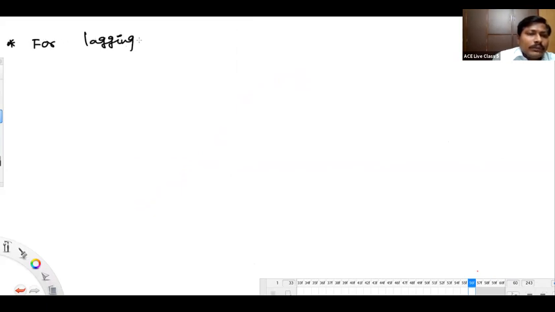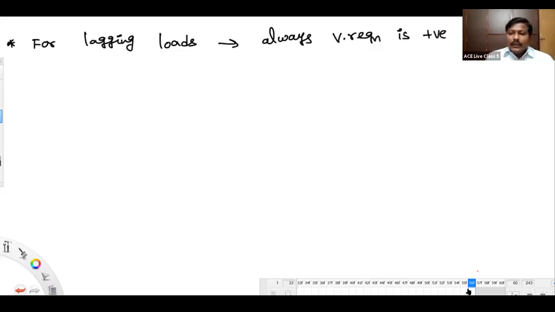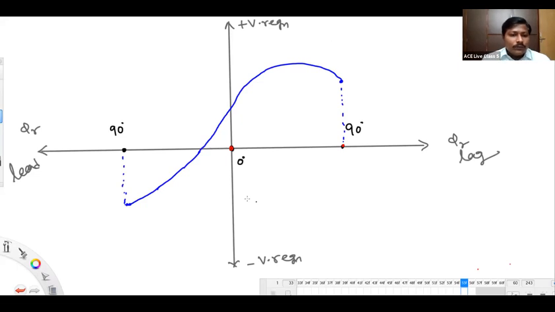For lagging loads, always voltage regulation is positive. That is one comment. Next one, how is it for leading loads? See, if you look at the leading load, some portion we are getting positive voltage regulation, some portion zero, some portion we are getting negative voltage regulation. So for leading loads, voltage regulation might be positive, negative, or it may be zero.